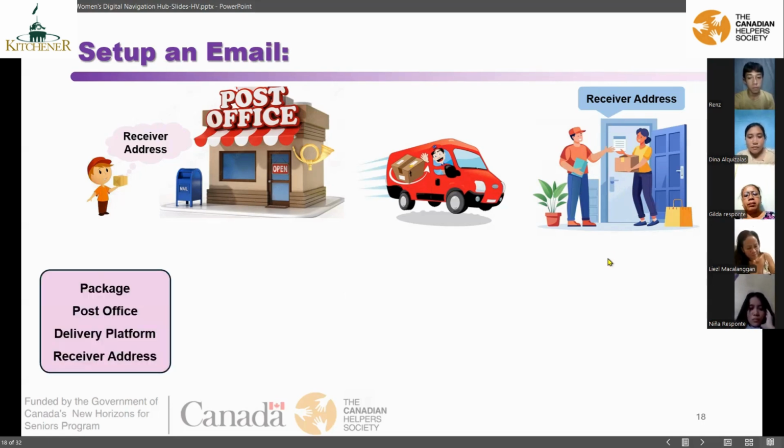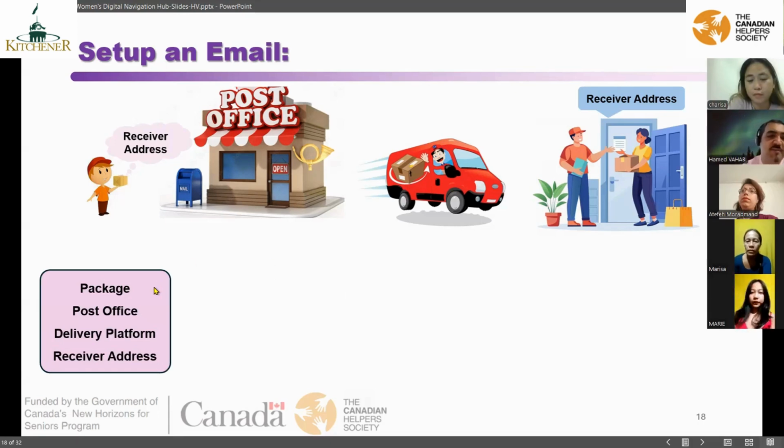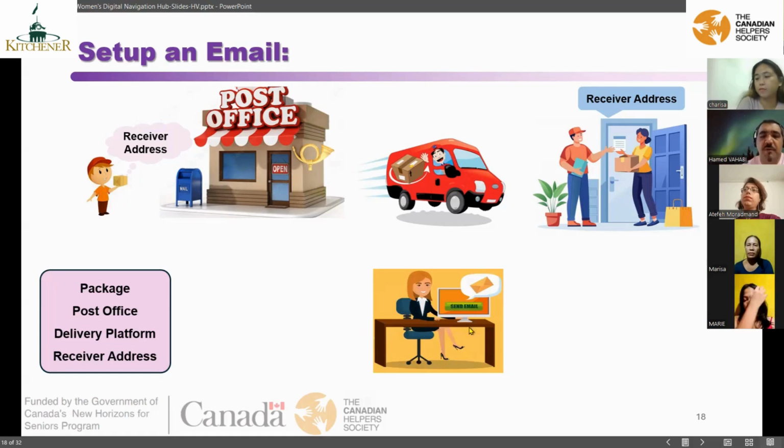So what we have here is, first we have a package, then we go to the post office, and then there is a delivery platform which takes the package from the post office and goes to the recipient address, and delivers the package to this address. So these are the key elements of this kind of process, right? Now, think of a condition where you want to send a document from your computer to your friend, okay?